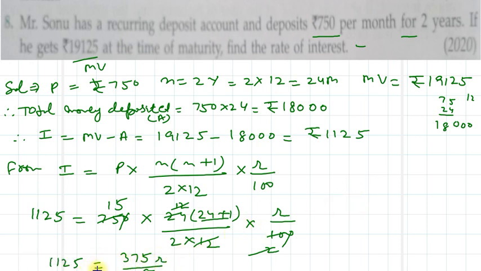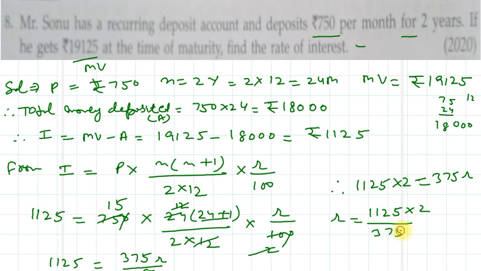So this will be cross multiplied, therefore 1125 into 2 equal to 375r, and r would be equal to 1125 into 2 upon 375, right?